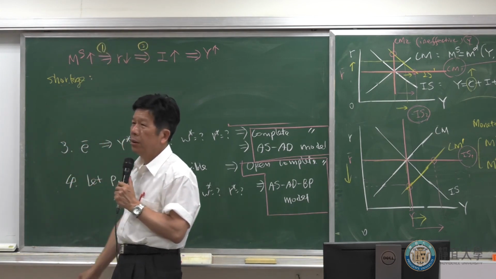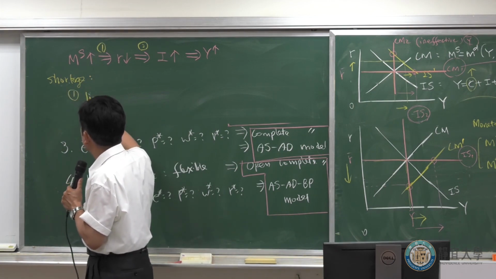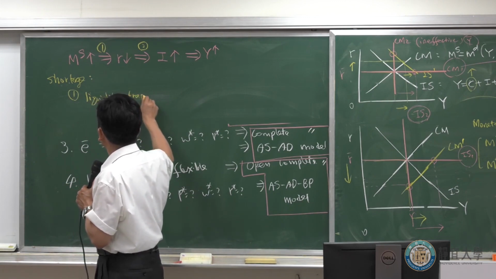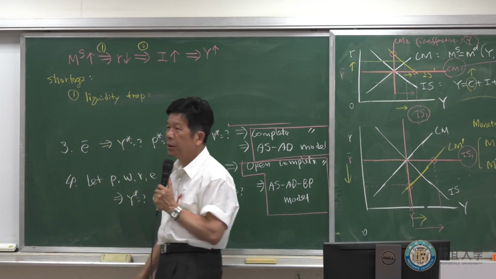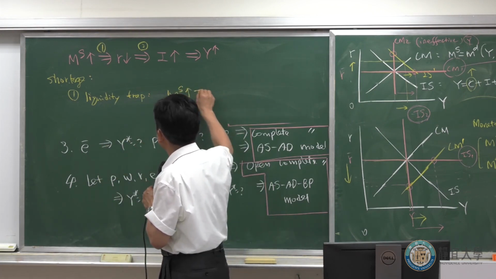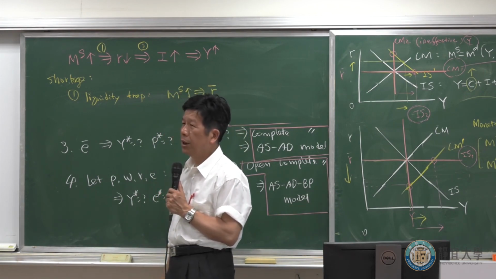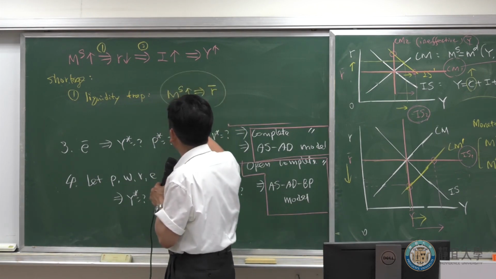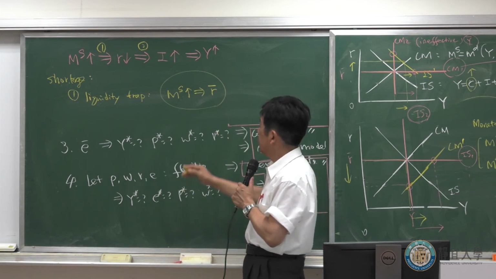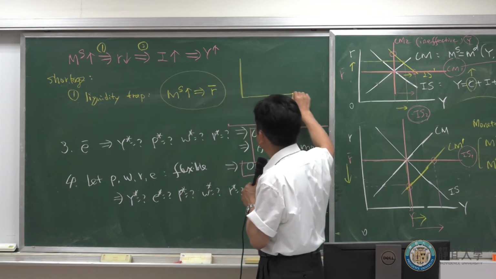The first one we call the liquidity trap. What is a liquidity trap? It means the money supply increases, however the interest rate stays constant.